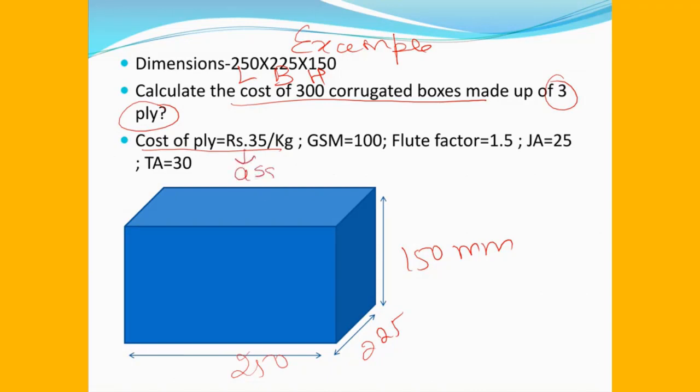The joining elements are 25% and trimming elements are 30%. This is just assuming, but the paper cost is roughly higher at this moment, maybe up to 70 rupees per kg as the market cost. Just for example, if you consider 35 rupees per kg. We need to take the market cost whenever we are going for the costing of it.